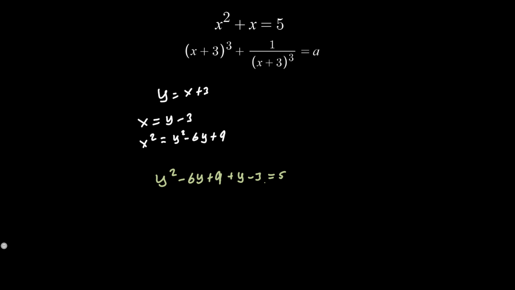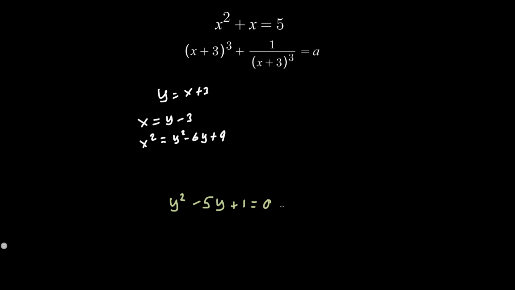If we subtract 5 from both sides, we will have negative 3 minus 5, which is negative 8, and we have 9 minus 8. And y squared minus 6y plus y, so minus 6y plus y, that is going to be y squared minus 5y, and then plus 1 is equal to 0.